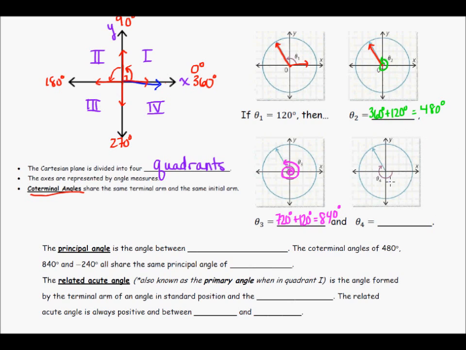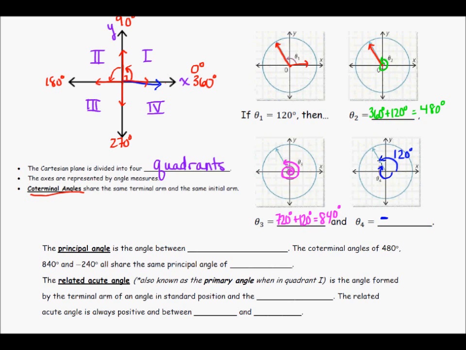For the fourth diagram, again, we've got the exact same terminal arm position, but this time we've rotated in a negative direction, or a clockwise direction. So it's going to be a negative angle. We already know that this angle is 120 degrees based on diagram 1.